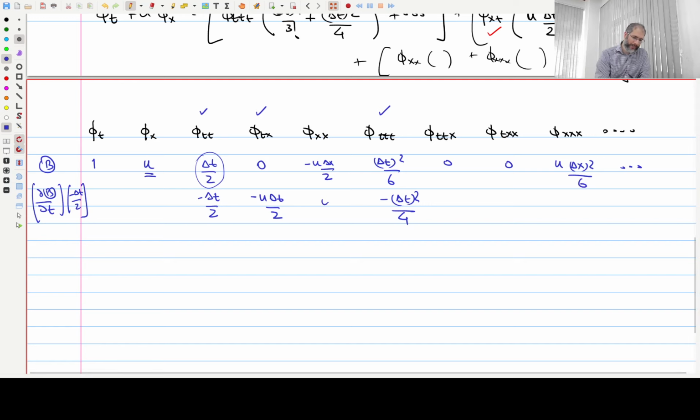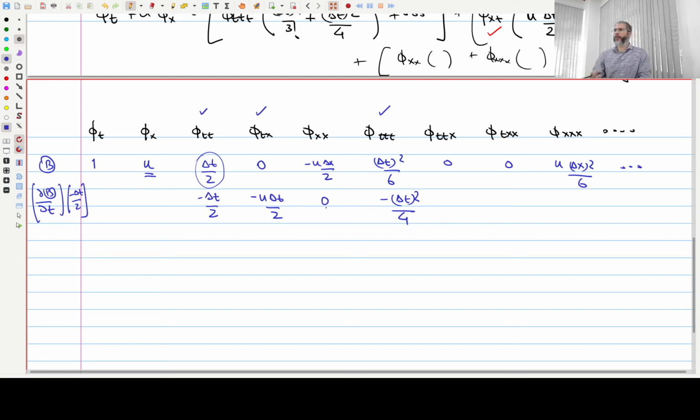Now phi double x has no coefficient because you took a derivative of equation number b with respect to time, so that equation will not have any pure x derivative. So this will be 0. And then what about phi ttx? That will also be 0, because you did not have a phi tx term in your original equation, so you cannot have a phi ttx by taking the derivative of b with respect to time. So this is 0. Phi txx will be there.